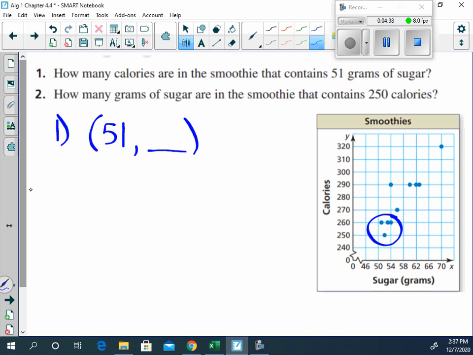I would say 260, yes. Because 51 is going to be closer to 50, it's going by scales of 4. It's looking like it'll be closer to that, because the point at 250 looks like it's closer to being exactly between 50 and 54, or closer to the middle. So that'd be 260.